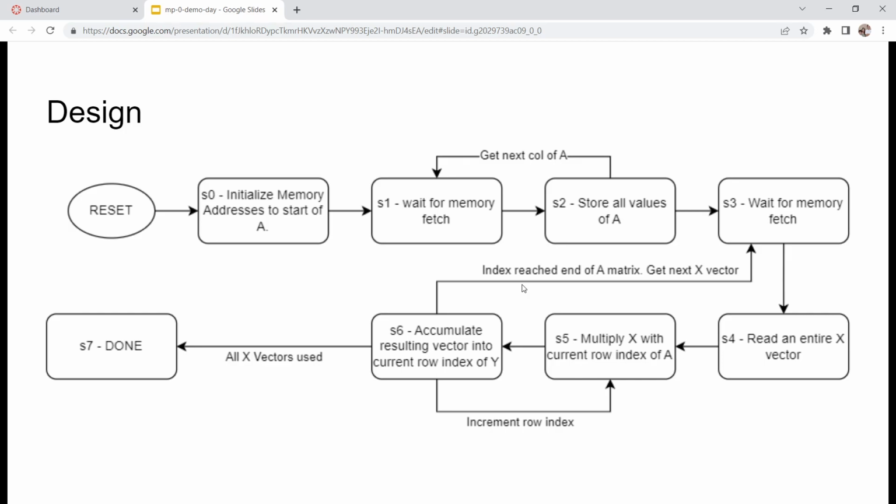We were having a lot of debugging issues, trouble with it not moving to the next memory index, the address. But we did unroll some things, so we read the entire X vector through our memory, and then we multiplied it all at once, and then accumulated it all at once in states 5 and 6. And 6 was our point where we branched off into the other states.